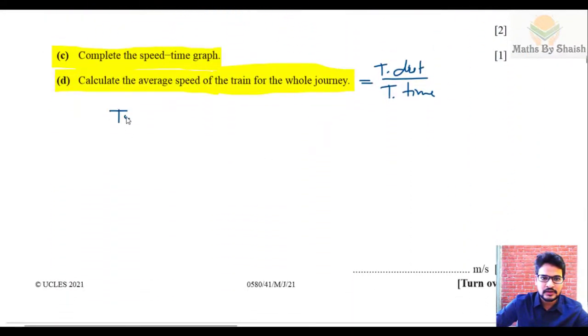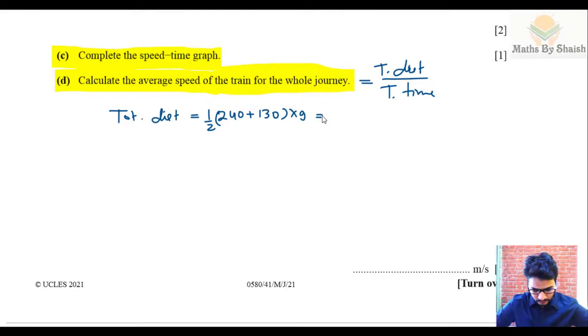Hence the total distance becomes 240 plus 130 divided by 2, multiplied by 9, and it is 1665 meters.